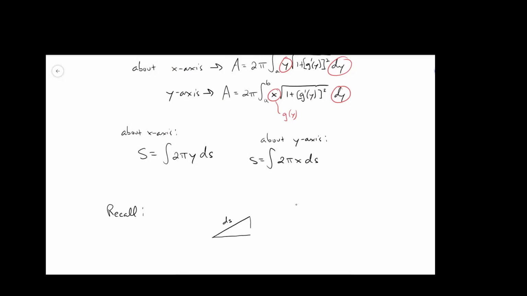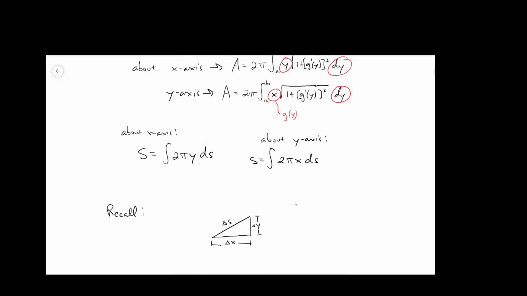How do I get that ds? Well, I have a small change in x. In fact, I should use a delta there, not a d. I'm going to call this one delta s for now. I have a small change in x, and then I have another small change, a corresponding change in y there. Well, where is that ds actually coming from?